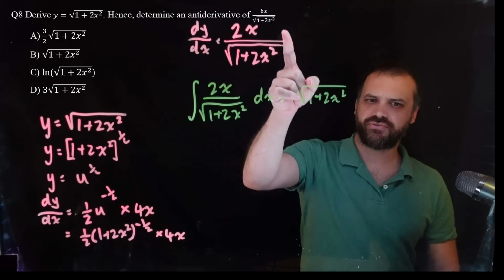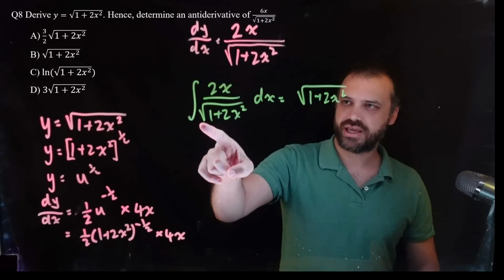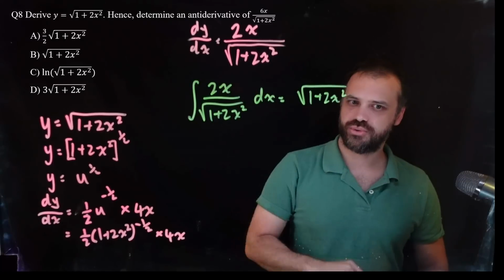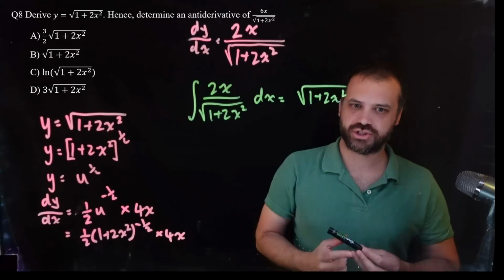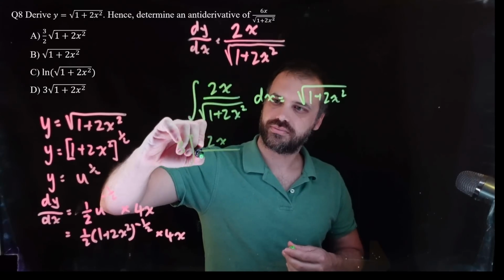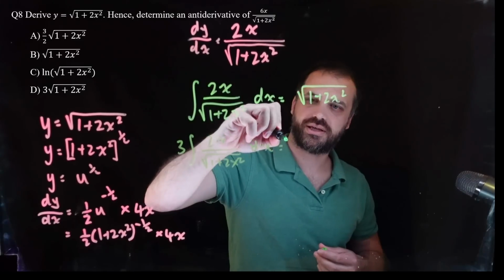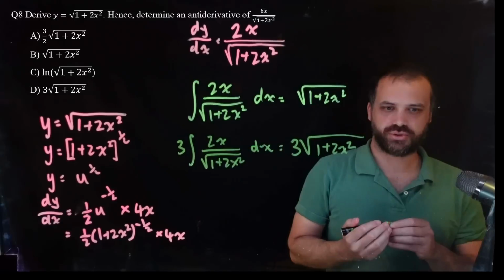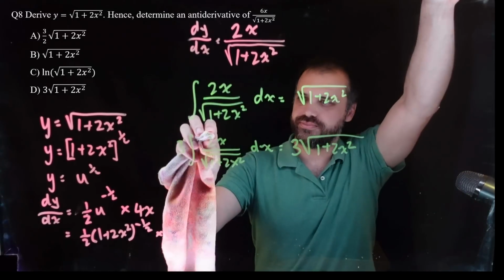Now, it says we want to find an antiderivative of 6x, and so on. We don't have an antiderivative of 6x. We have an antiderivative of 2x, right? So, if I multiply both sides of this equation by 3, with respect to x equals 3 times root 1 plus 2x squared. That 3 can come into there now as a 6.